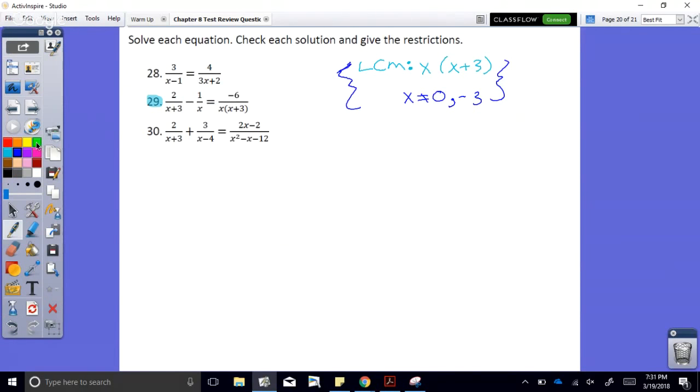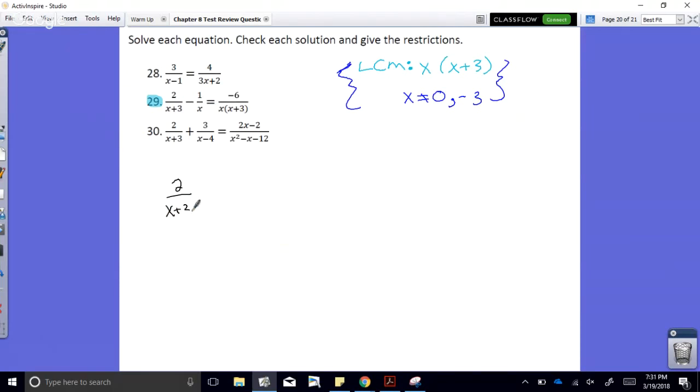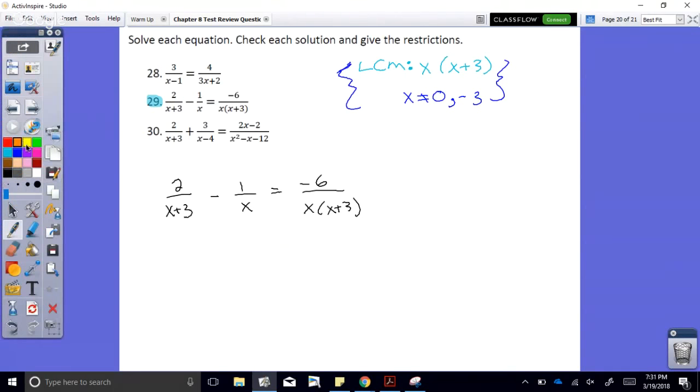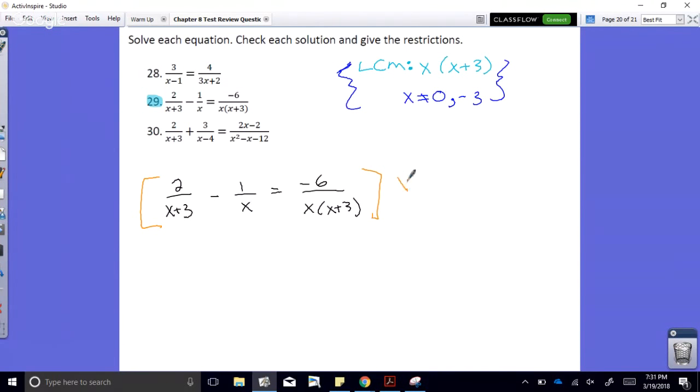Okay, this time it's a little bit different. So I'm going to take my 2 over x plus 3 minus 1 over x equals negative 6 over x times x plus 3. And this time you're going to multiply everything by the LCM, which is x times x plus 3.